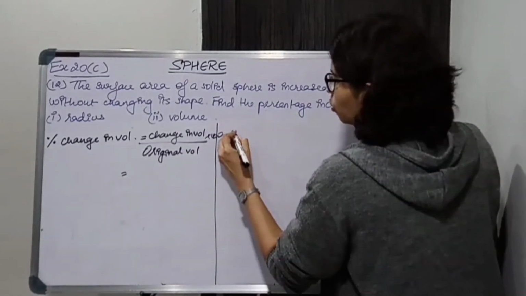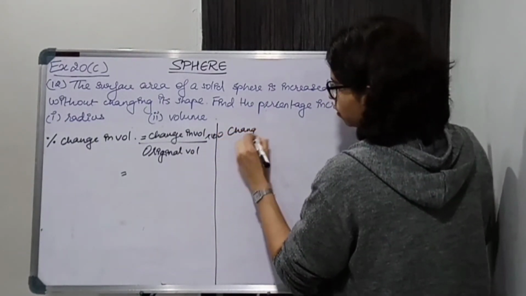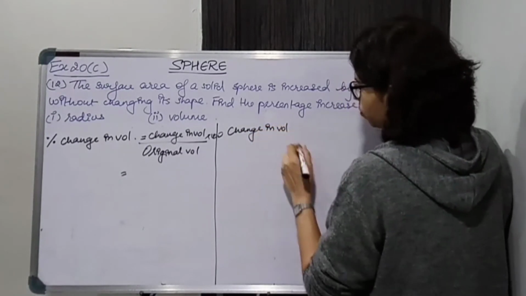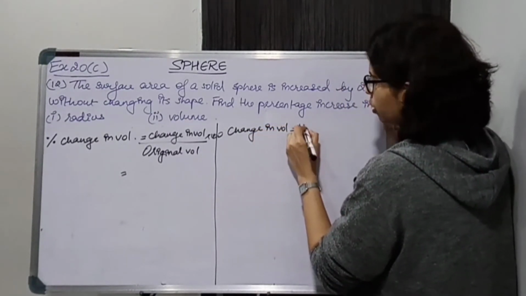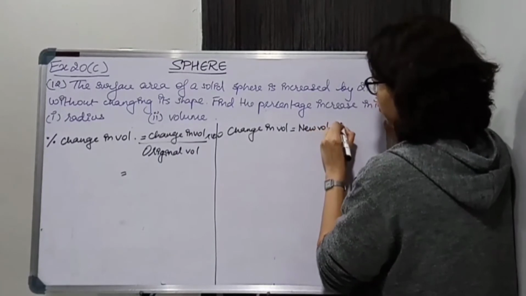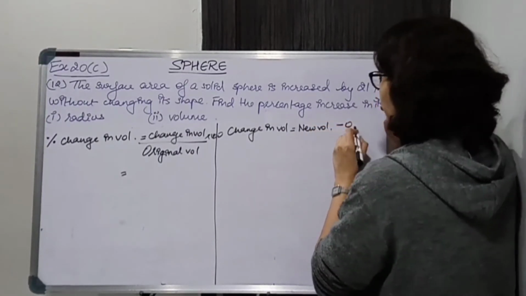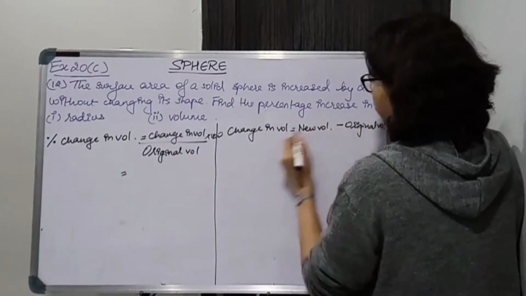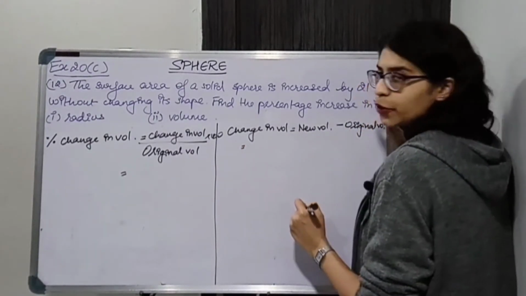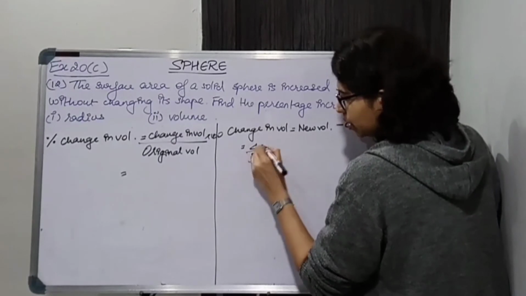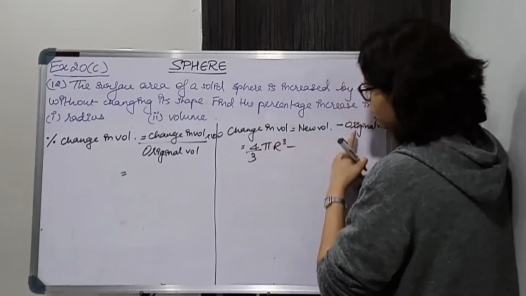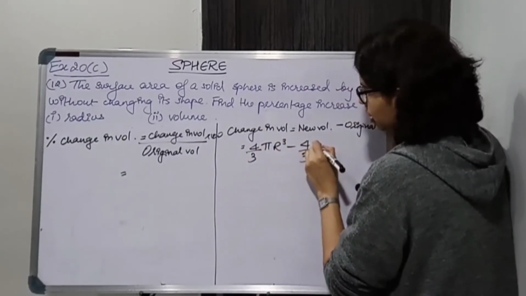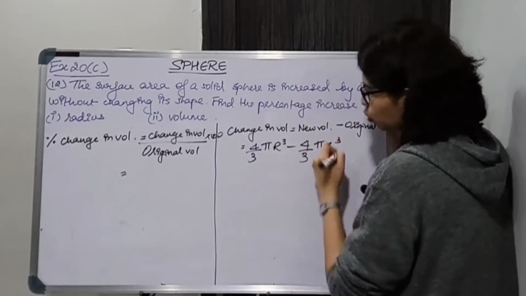So change in volume is new volume minus the original volume or old volume. Now what is the new volume? 4 by 3 pi capital R cube, and this is 4 by 3 pi small r cube.